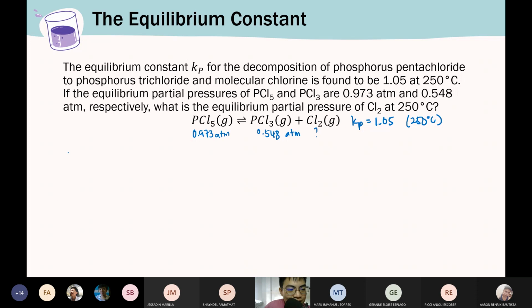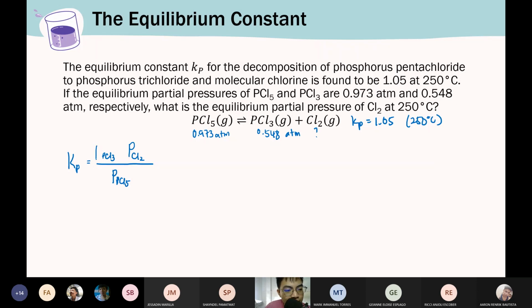Let's write that. Since Kp was given, you write the Kp. How do I write the Kp? The products, there are two products, and their coefficients are both 1, so we have no problem with the exponents. That's the pressure of PCl3 times the pressure of Cl2, all divided by the pressure of PCl5.